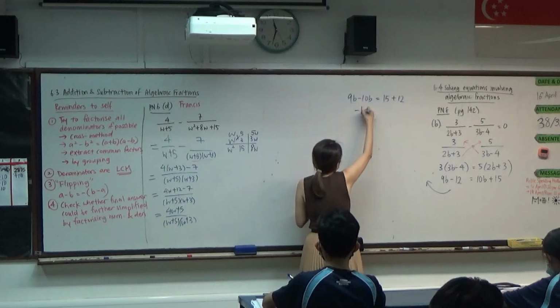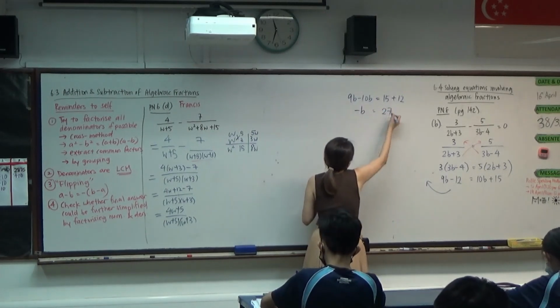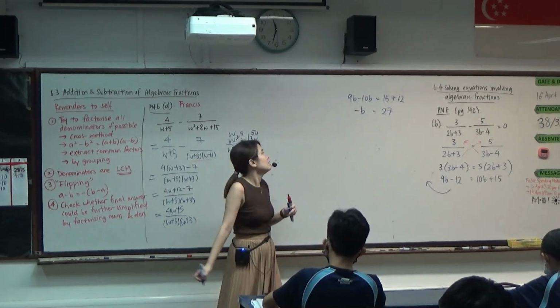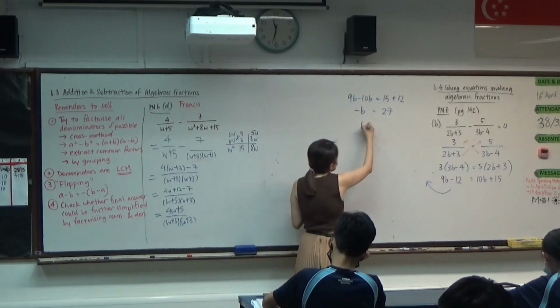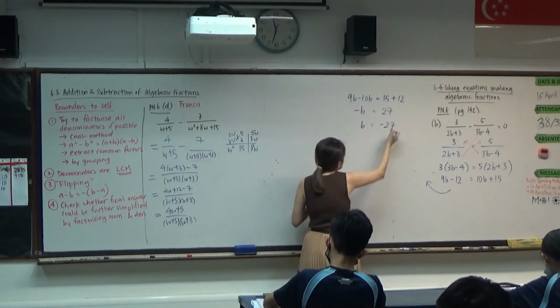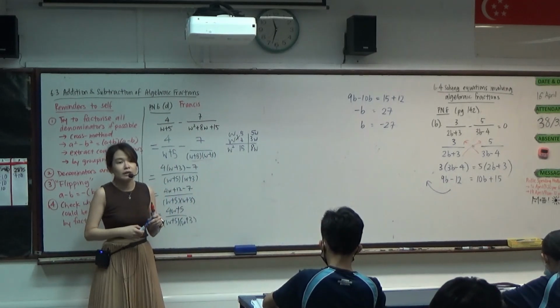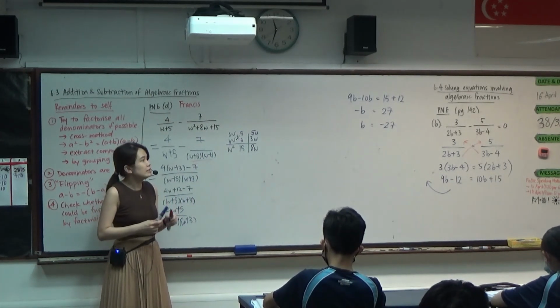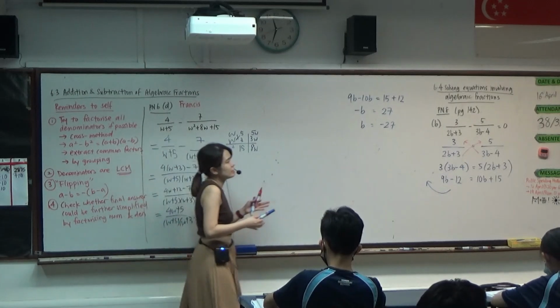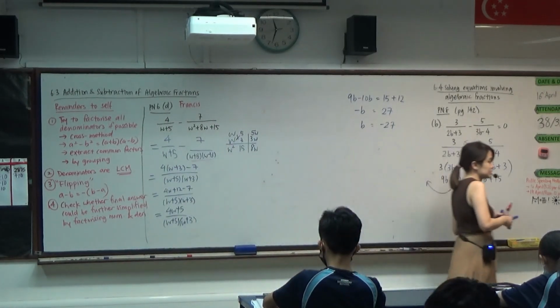On the left, I'll get negative b. On the right, I'll have 27. But I'm trying to find b, not negative b. So b is negative 27. So that was what we learned. I find this a more efficient method.